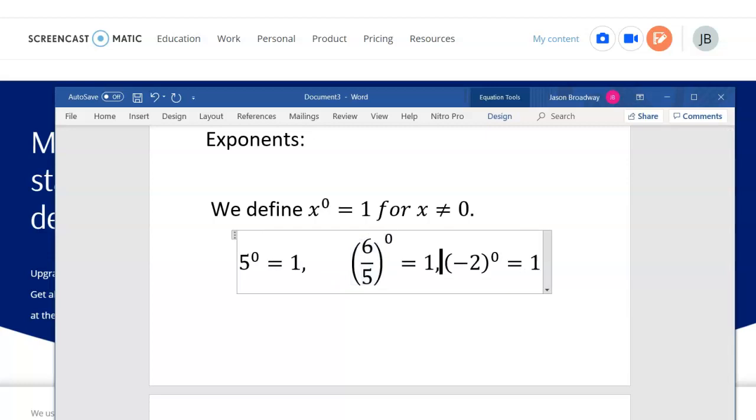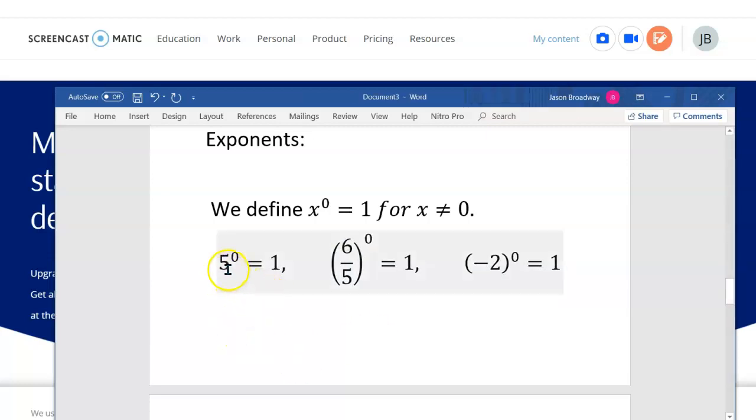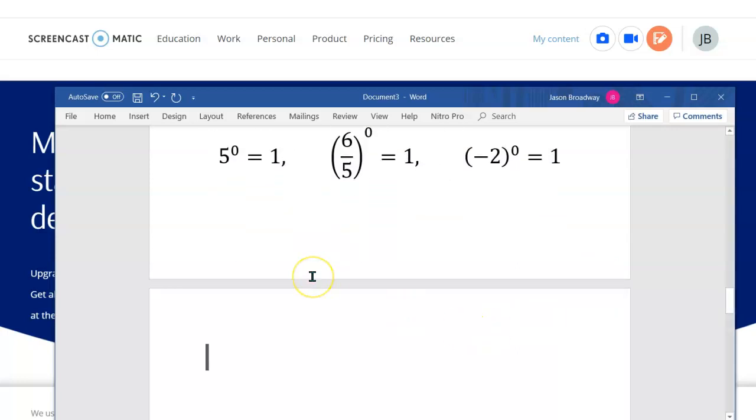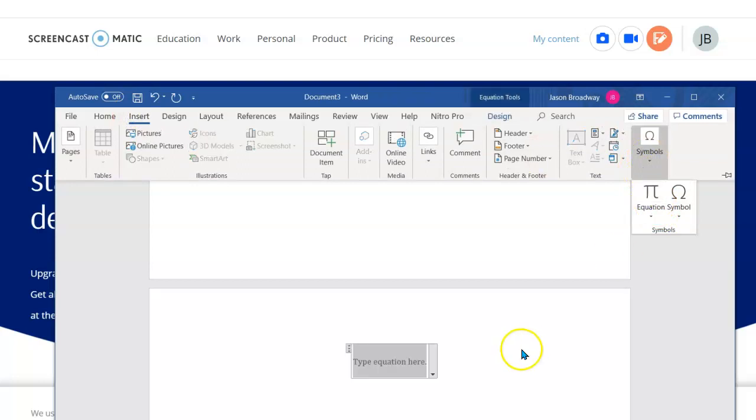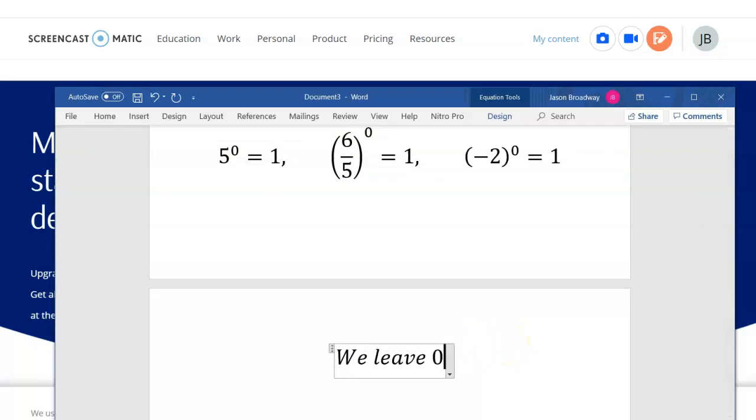So 5 to the 0 power equals 1. 6/5, and it's nice to have parentheses here too, to the 0 power equals 1, and parentheses negative 2 with the 0 power outside the parentheses equals 1. You need those parentheses. So we define the 0 power to be 1 because it keeps things consistent. Again, we leave 0 to the 0 power undefined. That's the one exception.